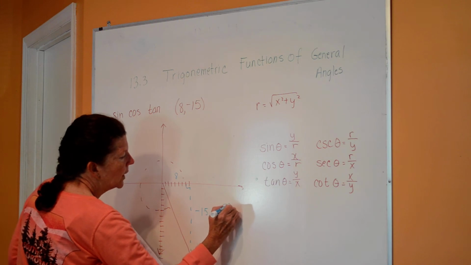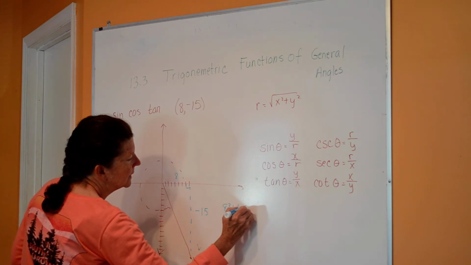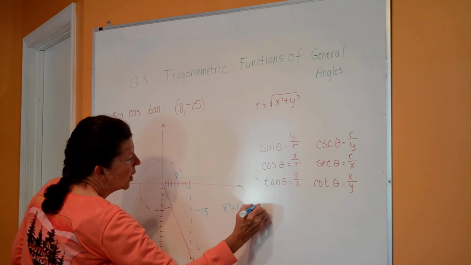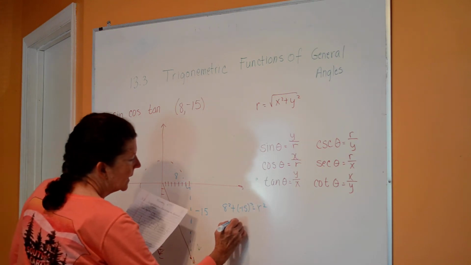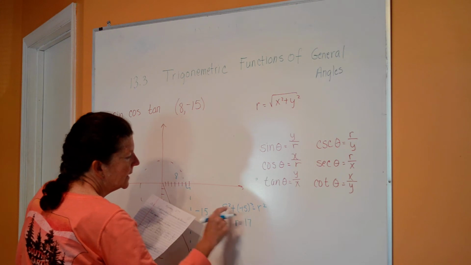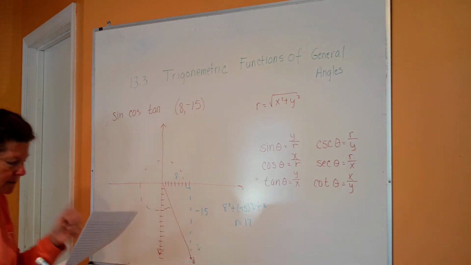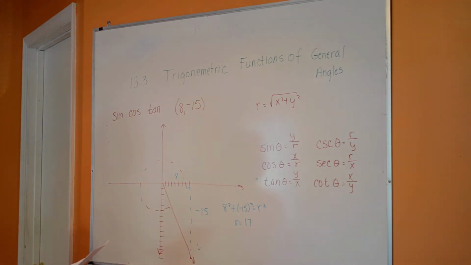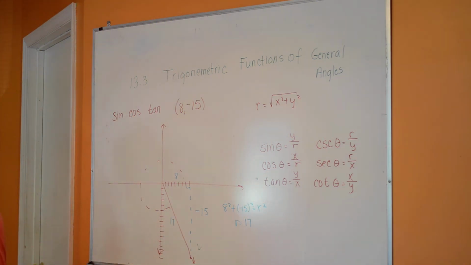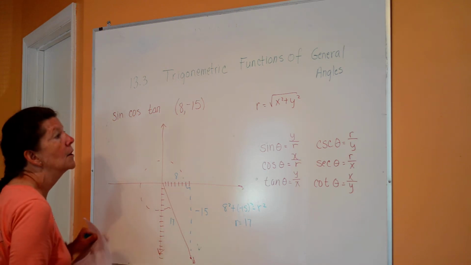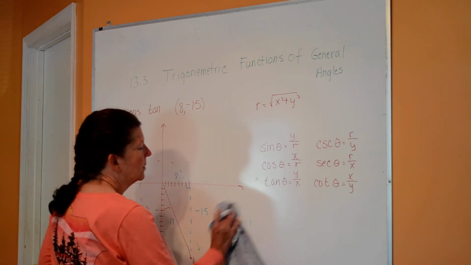So 8 squared plus negative 15 squared is going to equal r squared. So when I do that out, I find that r is going to equal 17, because when I put those two together, it's going to be the square root of 289. The square root of 289 is 17. Now, r is always going to be positive, so the hypotenuse is always going to be positive no matter where it is on the coordinate plane.